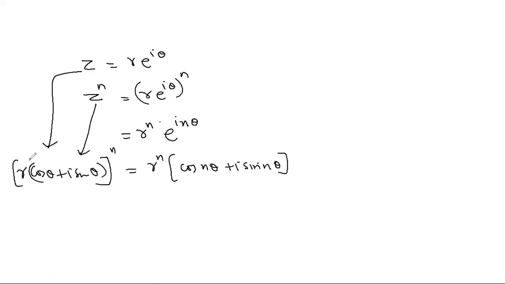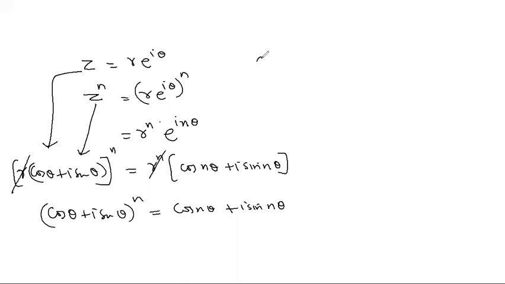Very interesting. r raised to n and r raised to n get cancelled. What did I show you? cos theta plus i sin theta to the power n is nothing but cos n theta plus i sin n theta. For example, cos pi by 3 plus i sin pi by 3 to the power, let's say power 4.